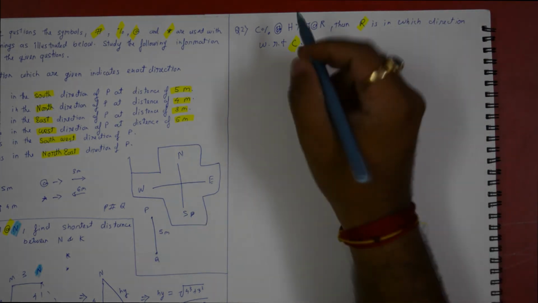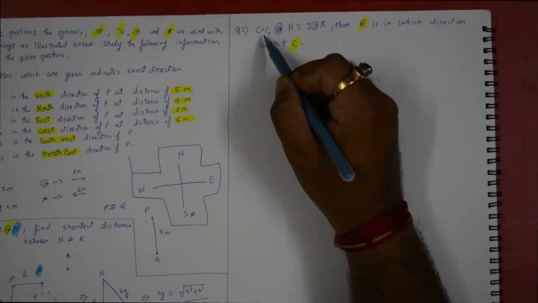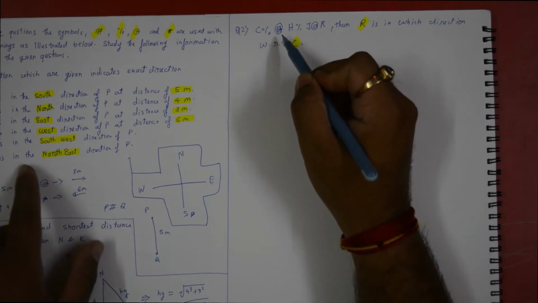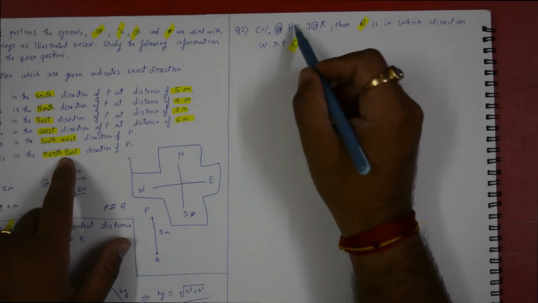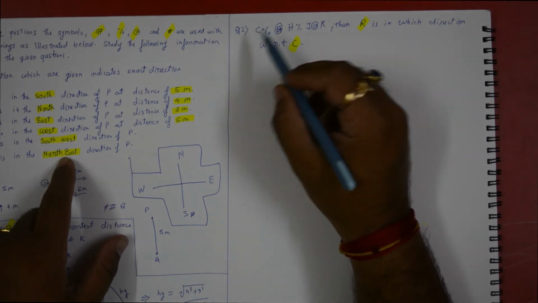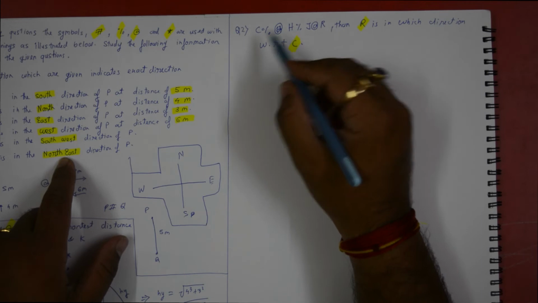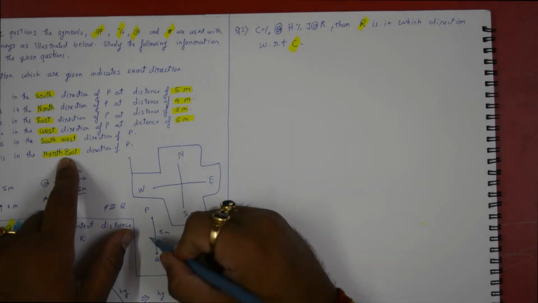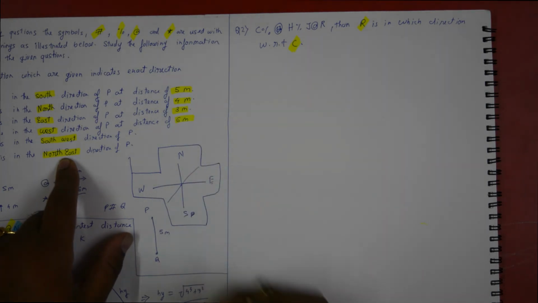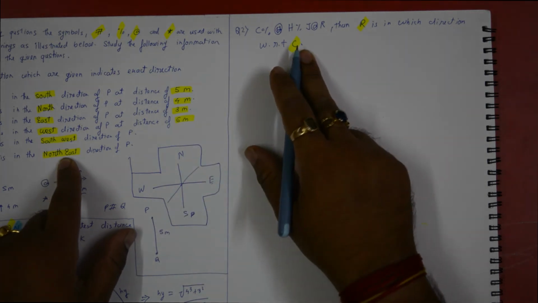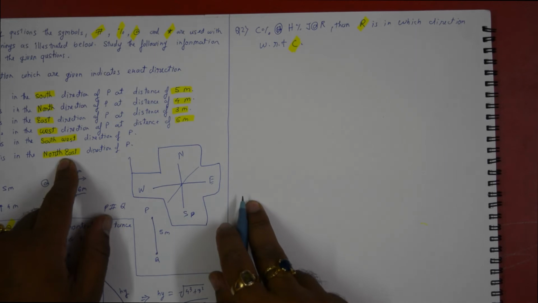So it shows H is in the northeast of C. So C will go in the southwest direction, northeast and southwest. So C will go in the southwest direction, that is left bottom.